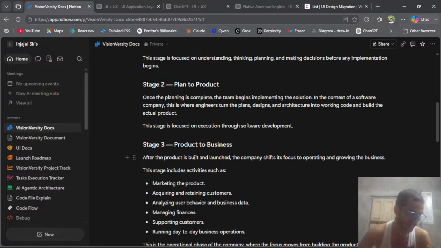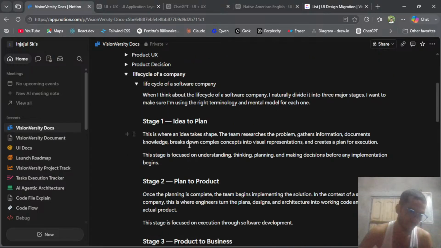My product is around stage one, which means when you have an idea, you have to convert your idea into a plan, which means you visualize your entire complex things into a mind map, flow chart, all those stuff, and then you have to research your product, your architectural decisions, all the stuff. This is called idea to plan, and we need visual thinking and knowledge management.